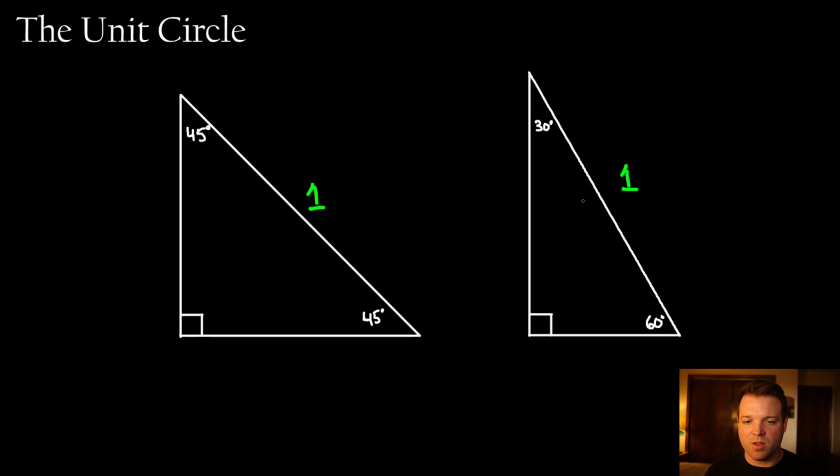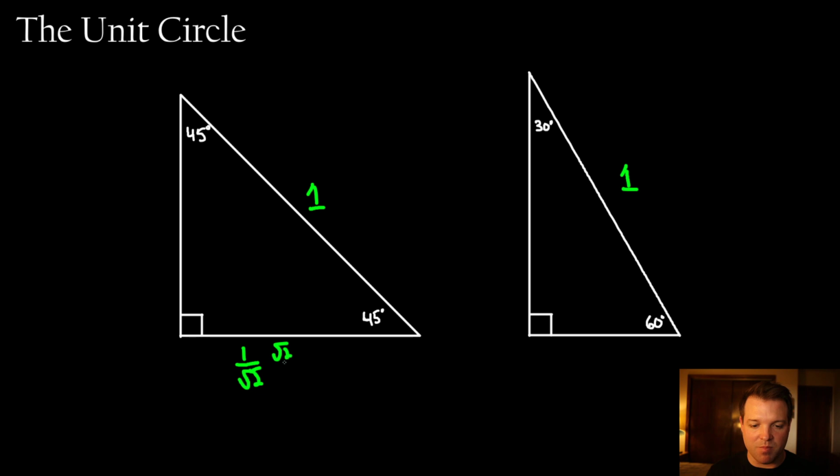So let's start with, I guess we'll start over here with the 45, 45, 90. So in order to get this, the way to go this way was multiply by root 2, right? And to go back, I'm going to divide by root 2. All right, so 1 divided by root 2. Well, we need to rationalize this, right? We don't like to have roots in our denominators.